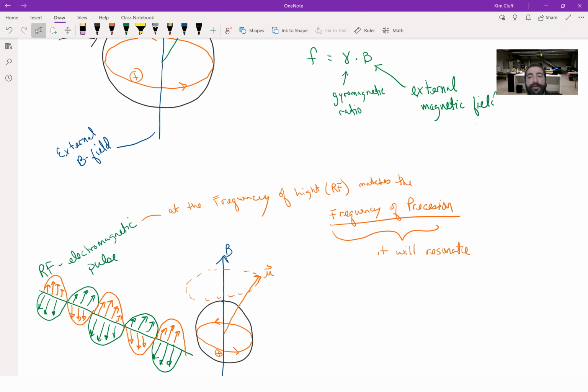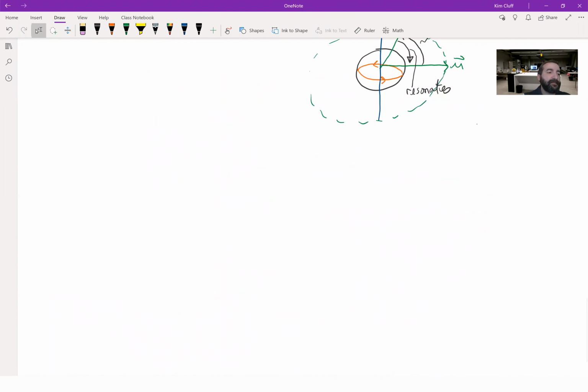And so different atoms will have different gyromagnetic ratios, but hydrogen atoms will all have the same gyromagnetic ratio because their angular momentum should be about the same, and their spin is all about the same. And so the gyromagnetic ratio for hydrogen is kind of fixed, okay? And what can change is the strength of the external magnetic field, because remember, we are applying that external magnetic field.